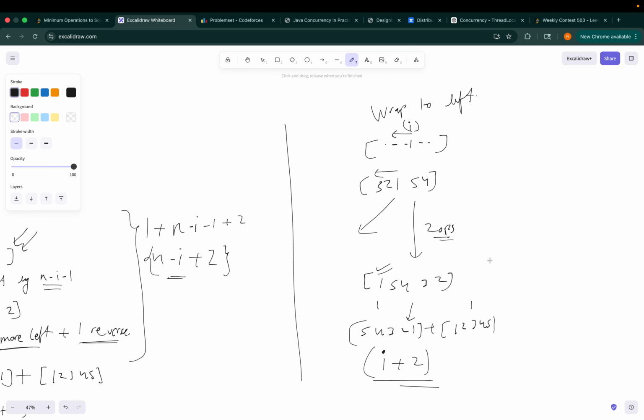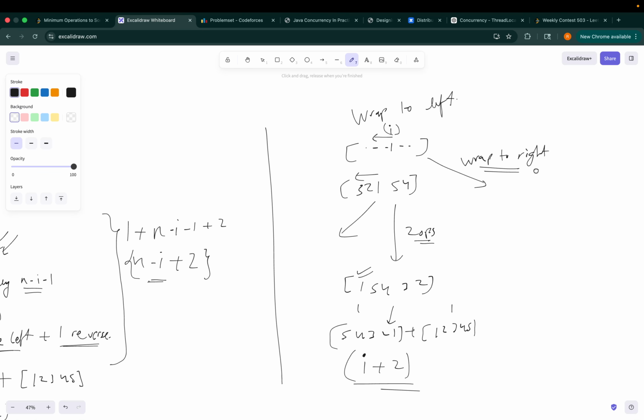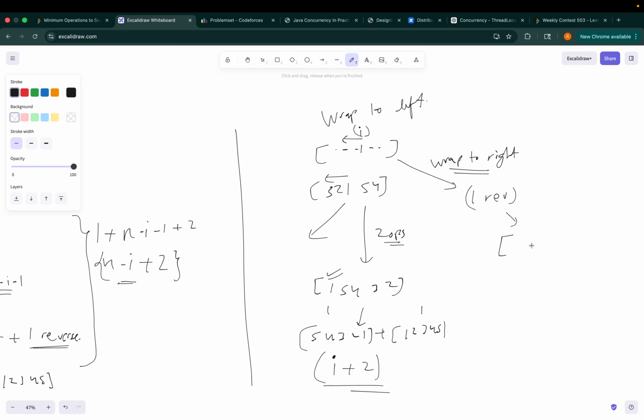And there is still another way you can do it. You can now wrap to the right by reversing it once, right? So now we are playing symmetry. So wrap to the right by one reverse operation, you get this array. You get 1, but now it is at n minus I minus 1, and now this guy is wrapping to the right.